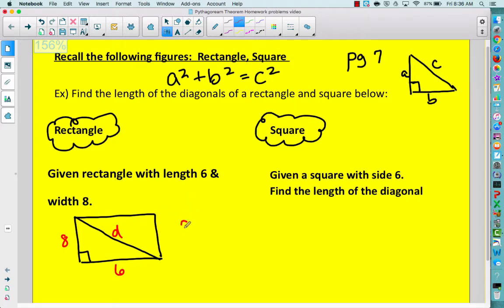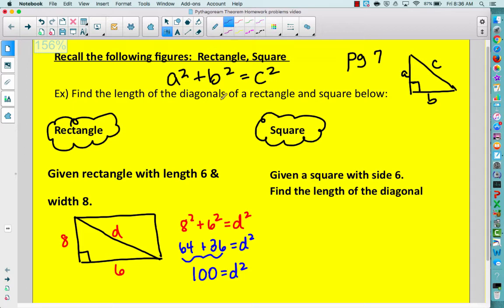So I would do 8 squared plus 6 squared equals D squared. Remember, I have to do the squares and the addition before I can do anything else. So 8 squared is 64, plus 36 equals D squared. Now I add 64 and 36, I get 100.